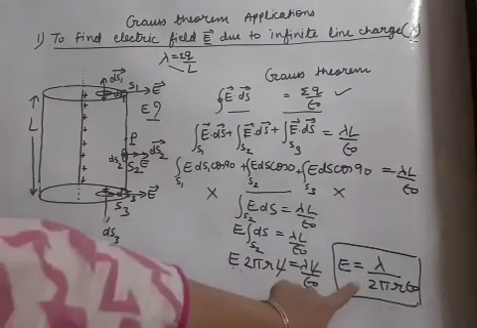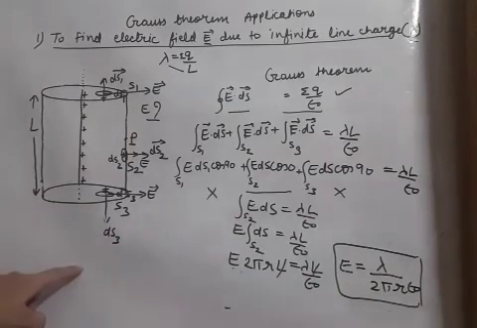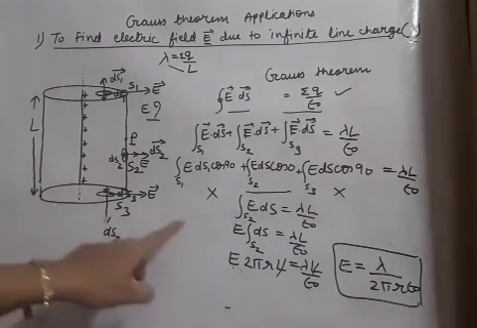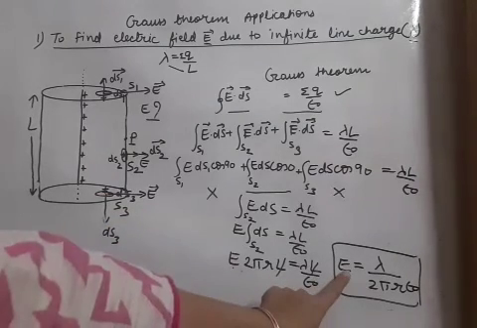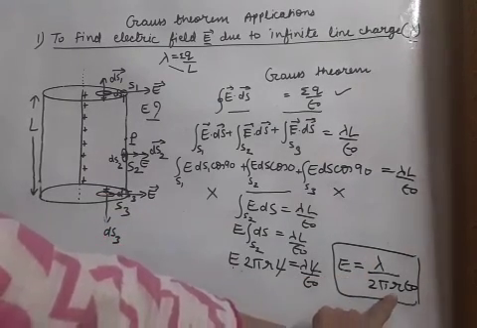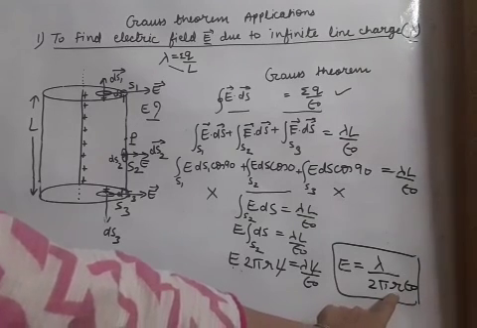So this formula is applicable for an infinite line charge also or a finite line charge also. So finally we have solved the electric field. It is proportional to lambda and it is inversely proportional to the distance.